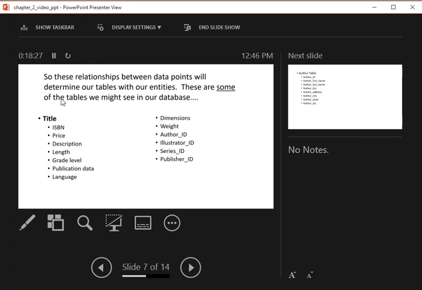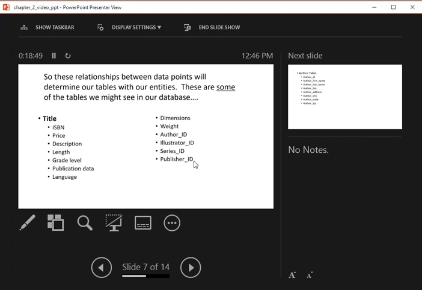Okay, so here are some of the tables that we might see in our database with the attributes listed. So our title will have the ISBN, price, description, link, grade level, publication date, language, dimensions, weight. And then I'm going to just throw this in right now, but we'll hit this hard in the next chapter because this is how we establish the relationships.